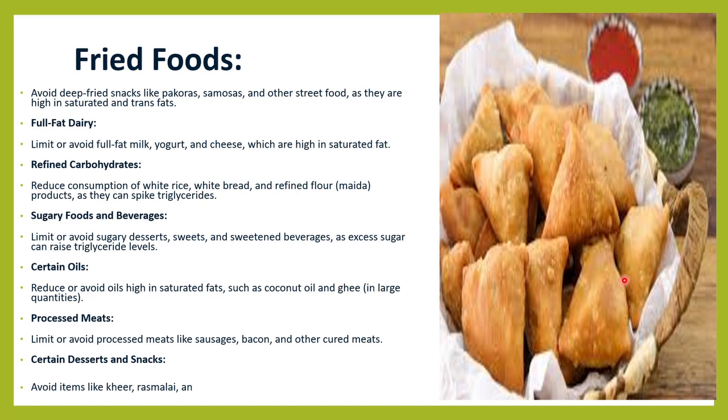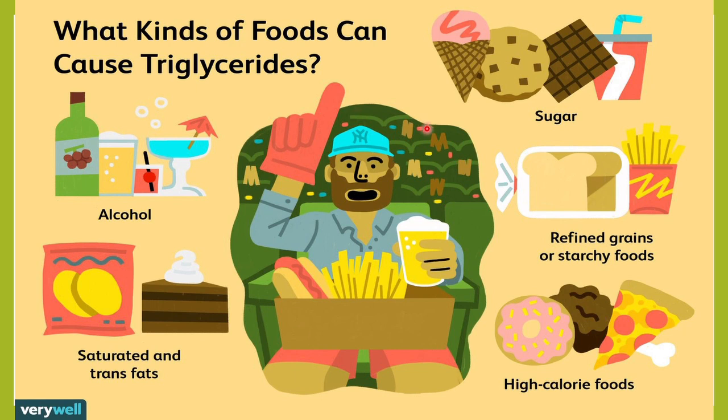Certain desserts, like excessive kheer, rasmalai, etc. So all this, when you are having it in excess of what you are burning, will become triglyceride and can spike your triglyceride levels. The kind of foods which can increase your triglyceride would be saturated and trans fat, bakery items, packeted items, pastries, etc. Alcohol can increase your triglyceride.